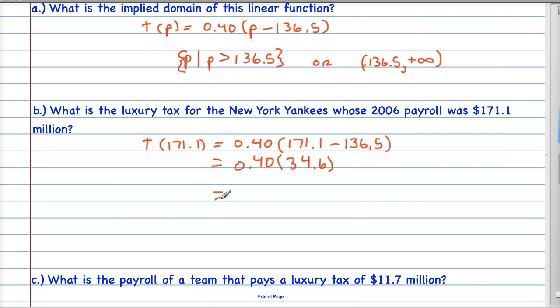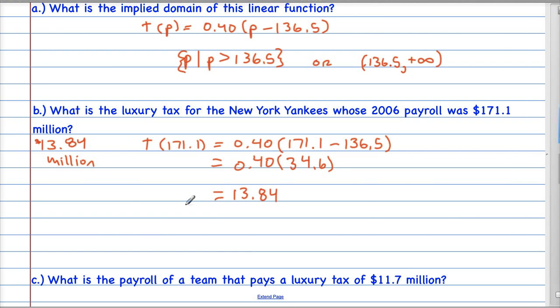And 34.6 times 0.4, or 40%, is 13.84. So the luxury tax for the Yankees in 2006 was $13.84 million. So that's how much they paid in luxury tax that year.